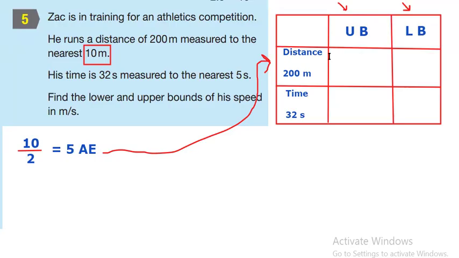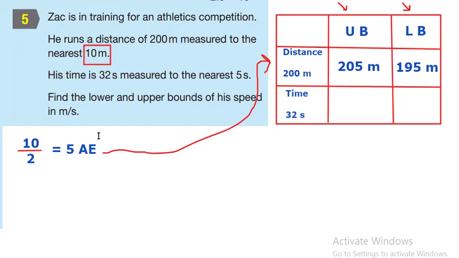So the upper bound will be 200 plus 5, which is 205 meters. Now the lower bound, same idea, but we subtract the absolute error from the original. So 200 minus 5 will equal 195 meters. So we have the upper bound and the lower bound of the distance.